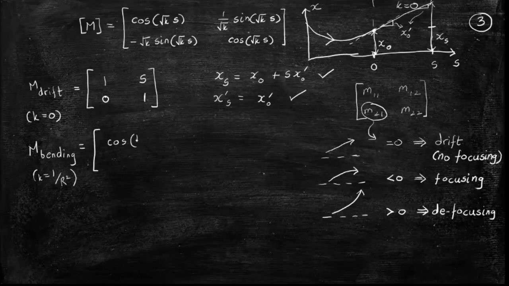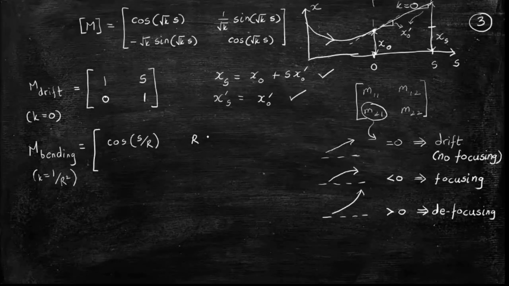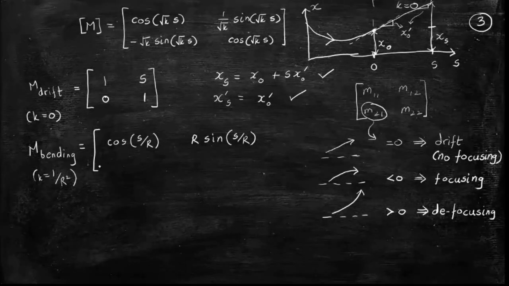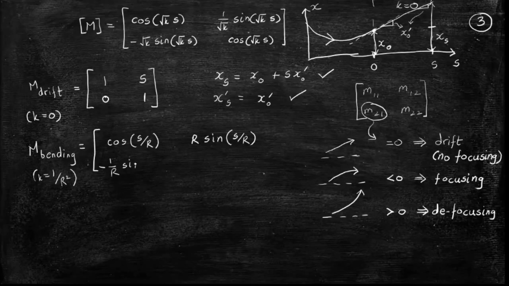So this will look like the following. Cosine of s by r, r sine of s by r, minus 1 by r sine of s by r.